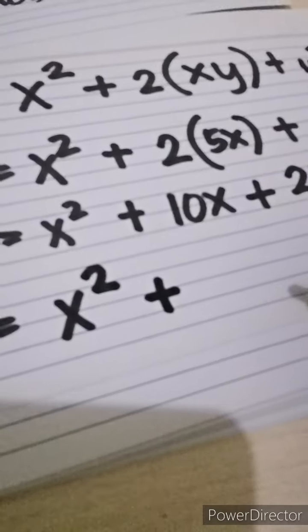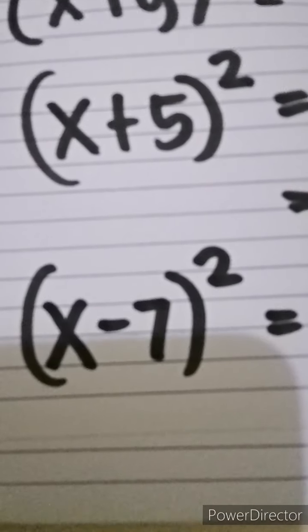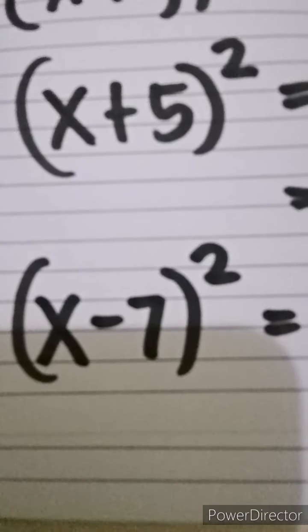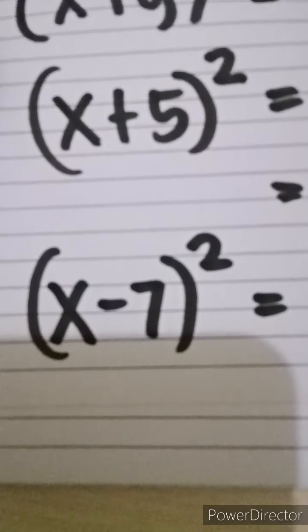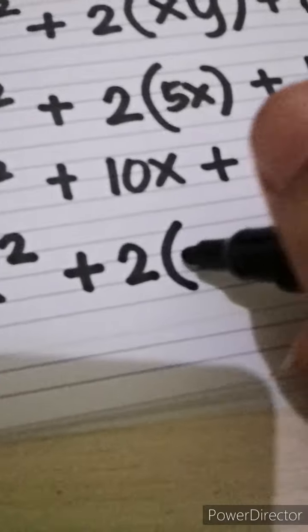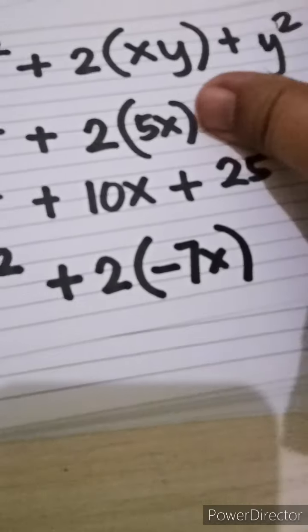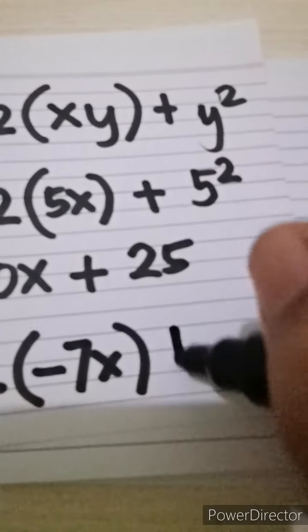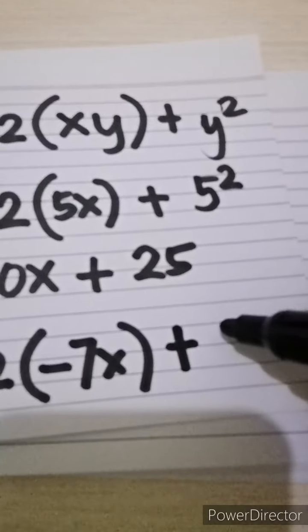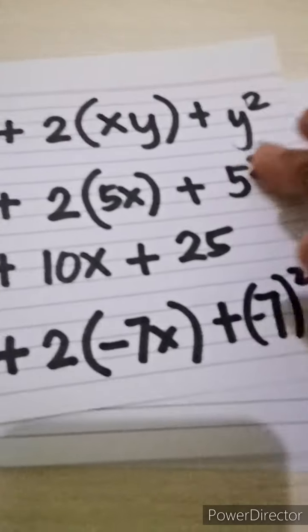Then the 2 is automatic, so plus 2 times the product. The first term is x and the second term is negative 7, so x times negative 7 is negative 7x. And then for the last process, we have negative 7 squared, because that is the last term.